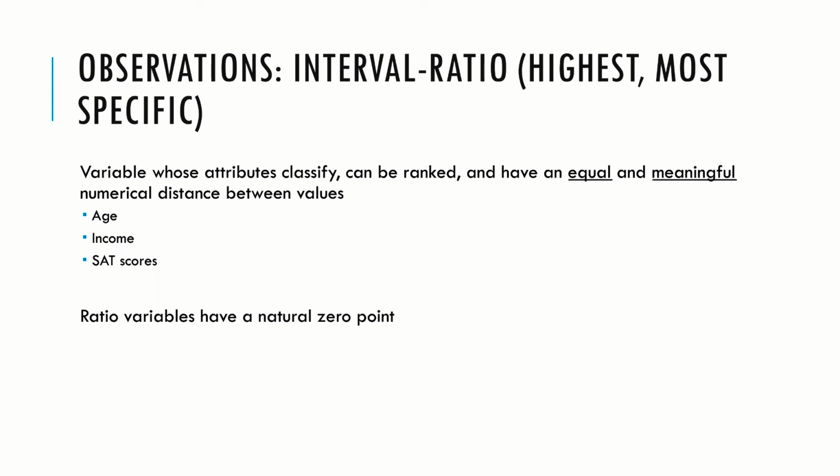Right? If we go back to the idea of social class, and the steps are 1, 2, and 3, a step of 1 between working class and middle class is not going to be the same as the step from 2 to 3 between middle and upper class. Working class and middle class might both have highly educated individuals, right?